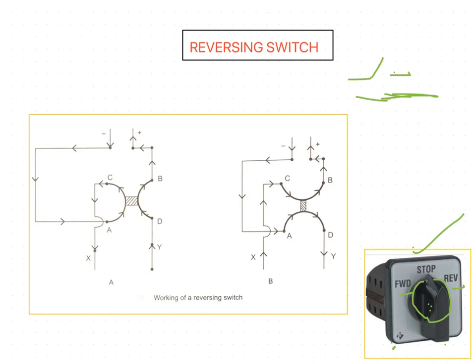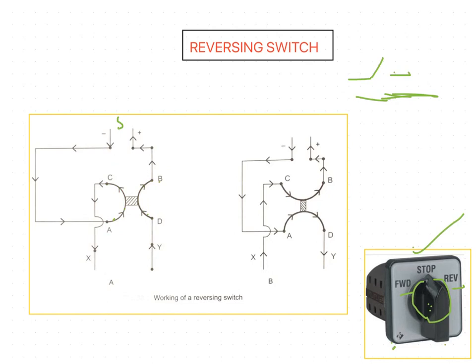Now two opposite ends, A and B, are connected to the source of current.